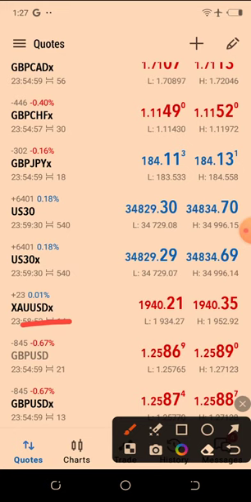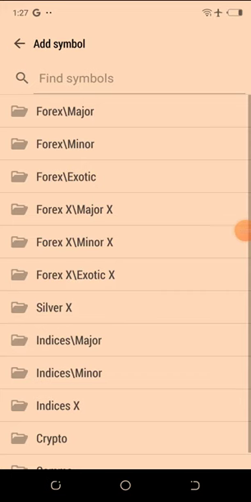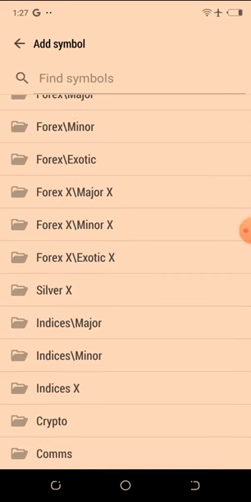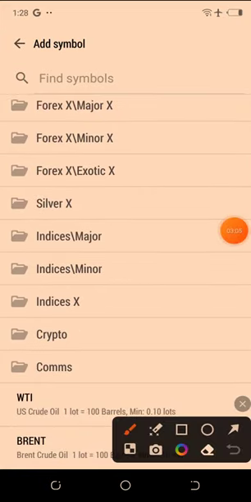That is, you are trying to measure your gold by United States dollar, which means you are looking at how much gold I will get for my dollar. I also look at this. We have the US oil and we have the UK oil, which is Brent. This is US oil, WTI, and this is UK Brent.